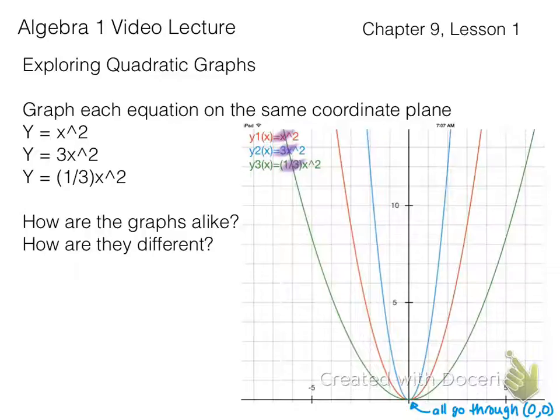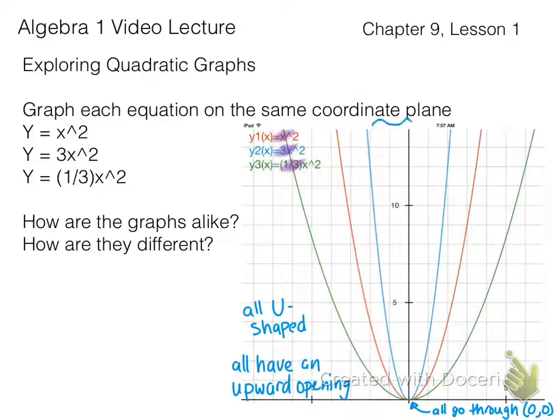It's where it turns around and goes back the way it came. So all of them go through 0, 0. All of them are U-shaped, parabola-shaped, and all have an upward opening. They all open upward, okay?